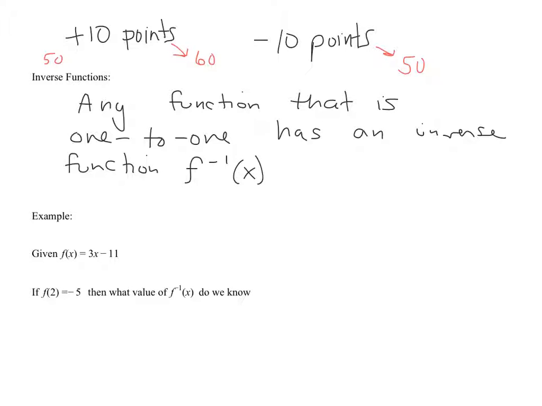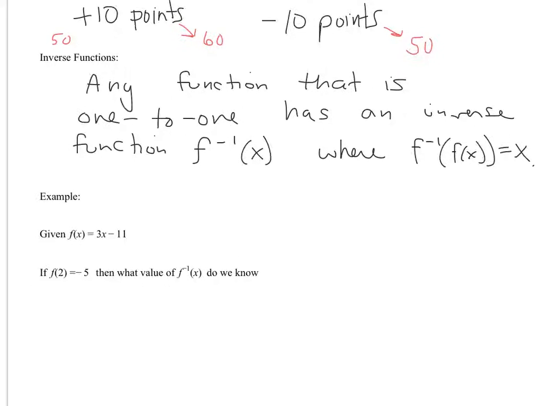This is read f inverse of x, where if we take the inverse function of the function, it always gets us back to x. This is shorthand for saying that if I plug something into one function and then plug that output into the inverse function, it gets us back to where we started. Okay? So let's look at an example of an inverse function.